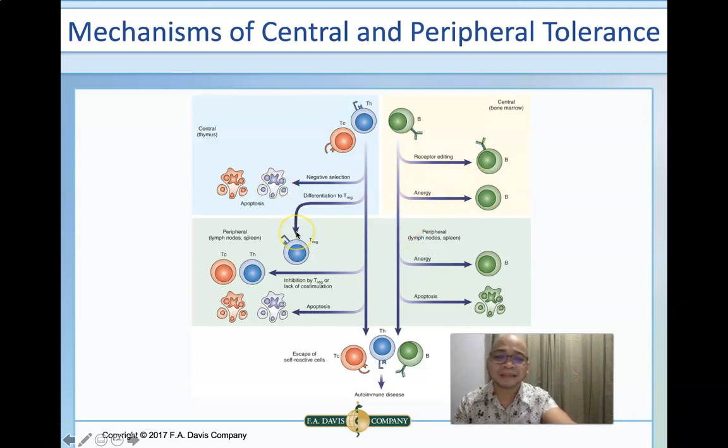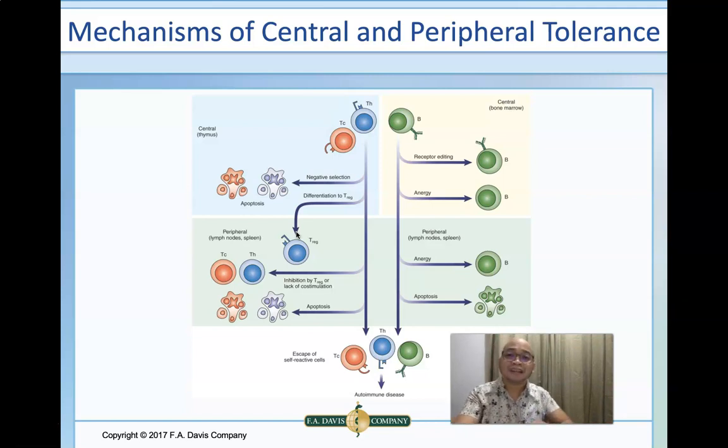That is the reason why there is a secondary protective mechanism that allows us to regulate cells that have escaped the thymus and the bone marrow. These cells may be destructive to our self-antigens. That is where peripheral tolerance comes in.